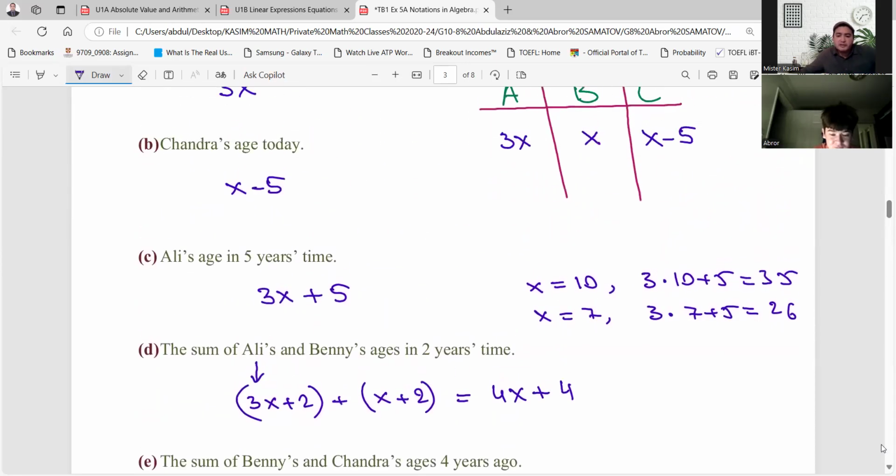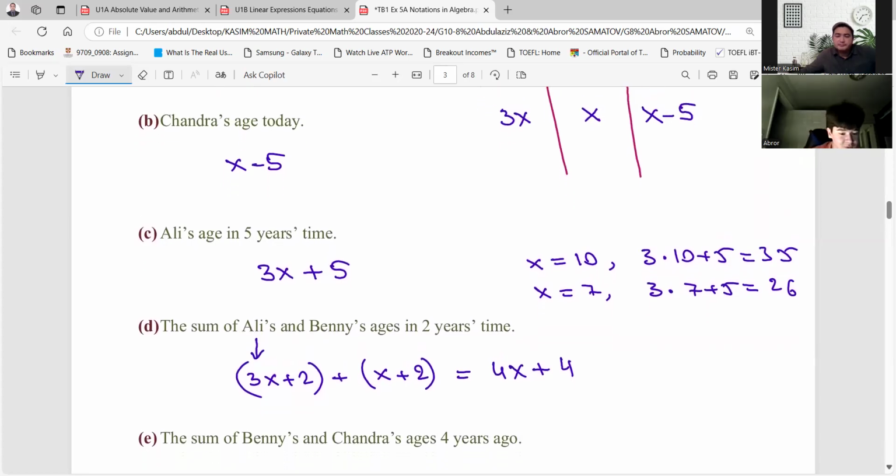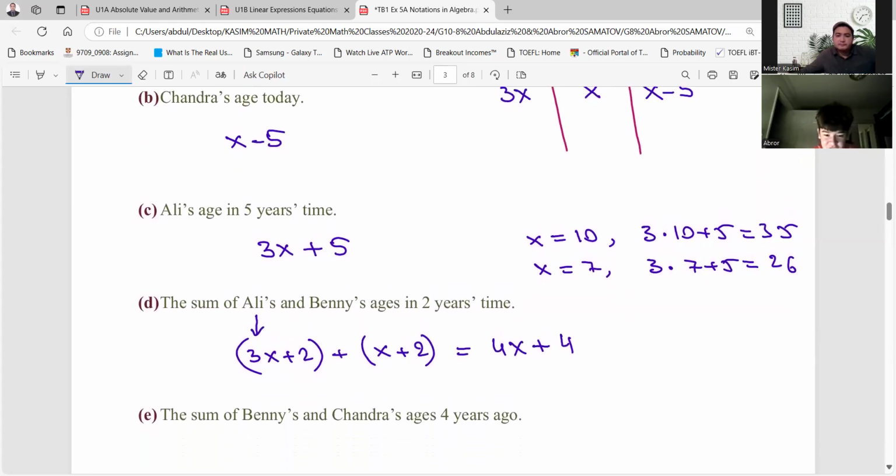Now, how about E? Read E. The sum of Benny's and Chandra's age 4 years ago. Can you tell me how old was Benny 4 years ago? 3x plus 4. No, ago. Abror, how old are you? 14. How old were you 4 years ago? 10.